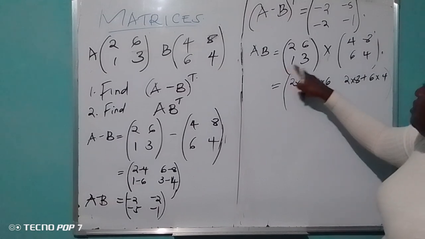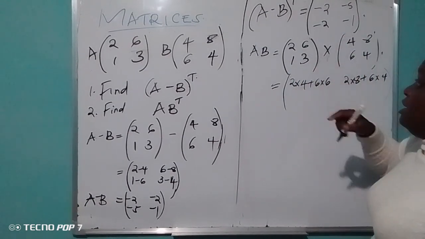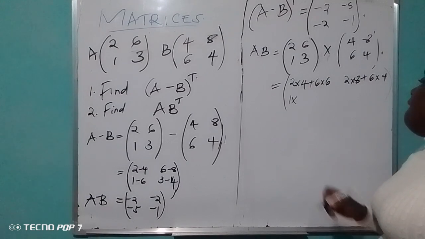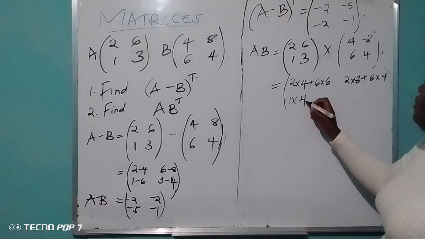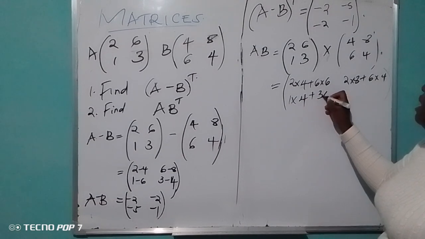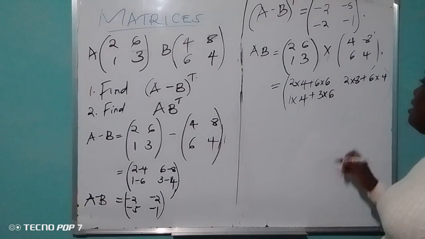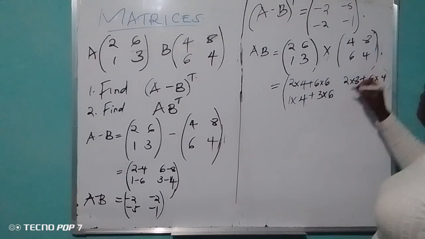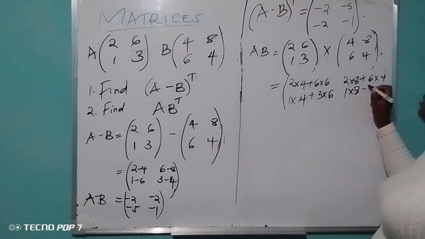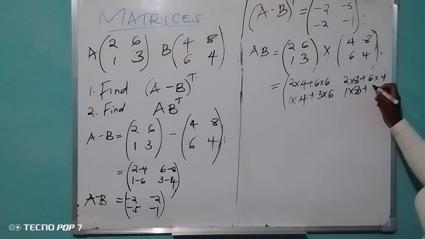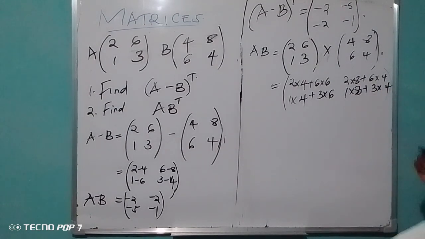And the second row with each column: 1 times 4 plus 3 times 6. And then again with the next column, 1 times 8 plus 3 times 4.